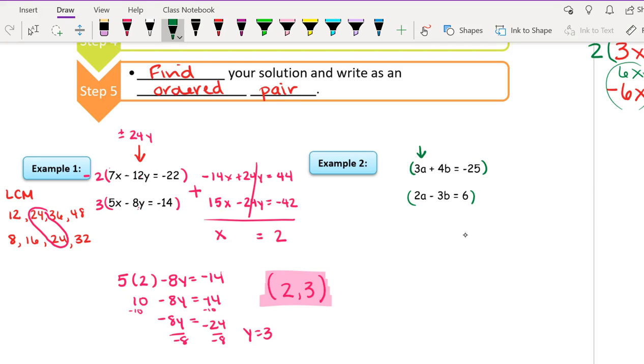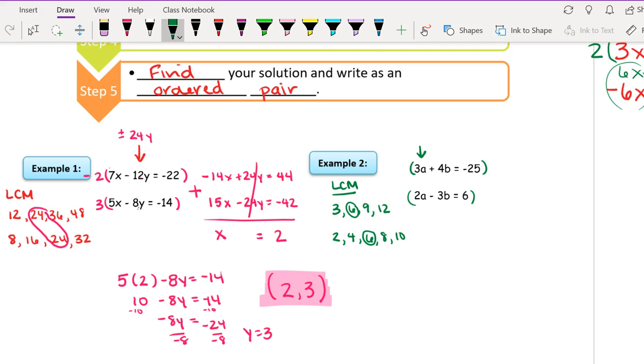I look at the LCM of 2 and 3. The multiples of 3 are 3, 6, 9, 12. The multiples of 2 are 2, 4, 6, 8, 10. 6 is on both lists.